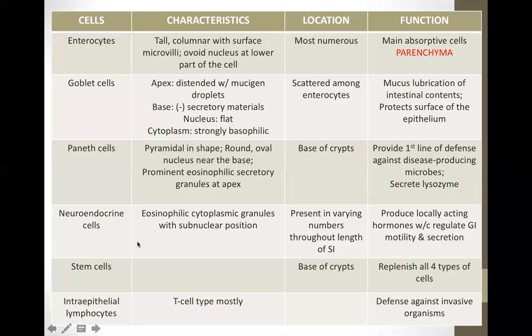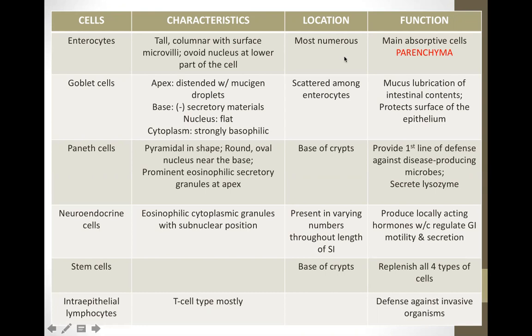Yeah. So, I made a table showing you the different cells found in the small intestines, their characteristics, where they are located, and their function. Basically, the first four cells, enterocytes, goblet cells, Paneth cells, and neuroendocrine cells are mostly the most abundant.